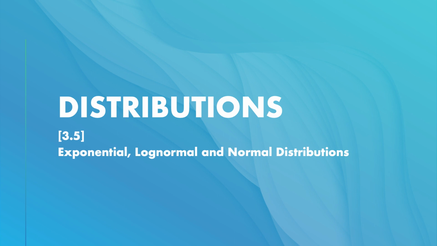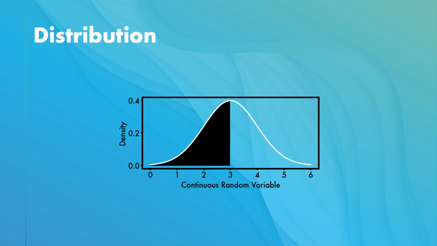We are now at the 5th section, and we are going to talk about distributions, namely the exponential, the lognormal, and the normal distribution. What is essentially a distribution? Well, a distribution is a collection of probability density functions that behave in a similar way, whose probability density function and consequent functions are governed by a certain equation.